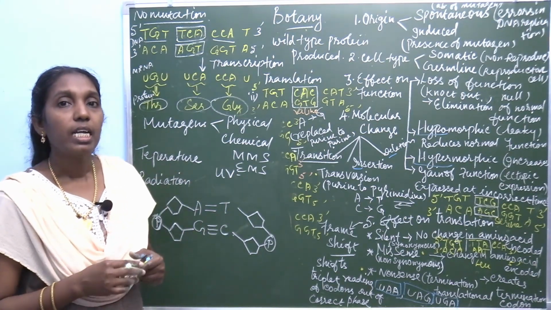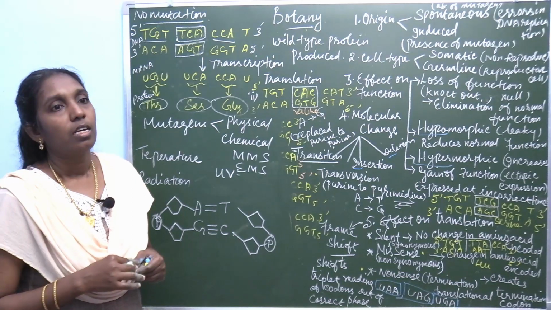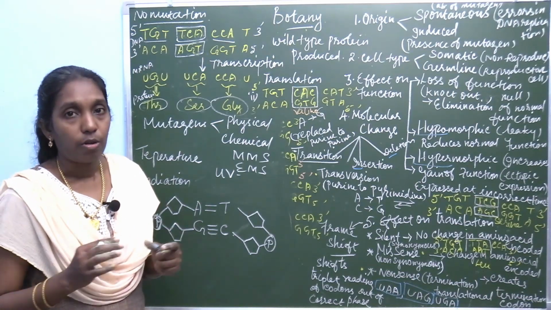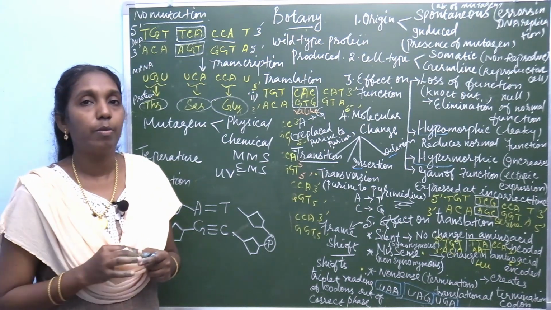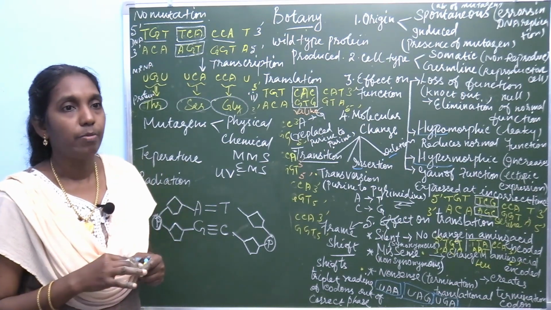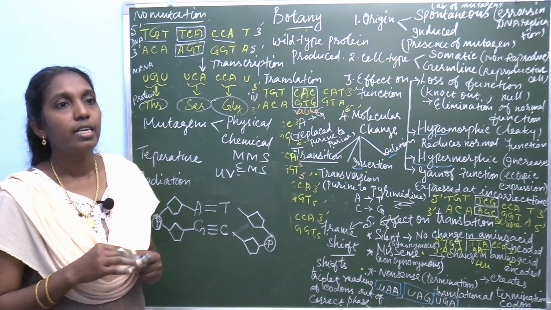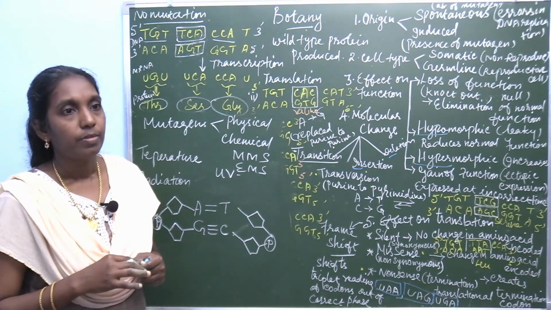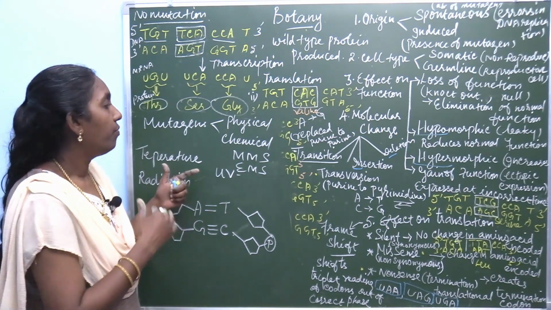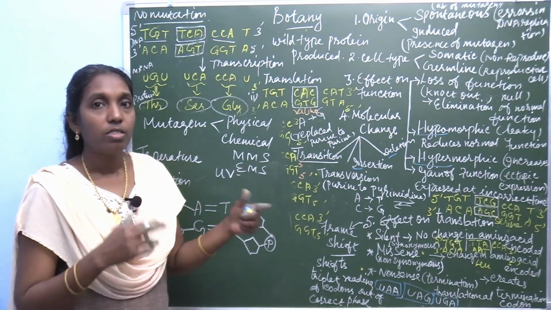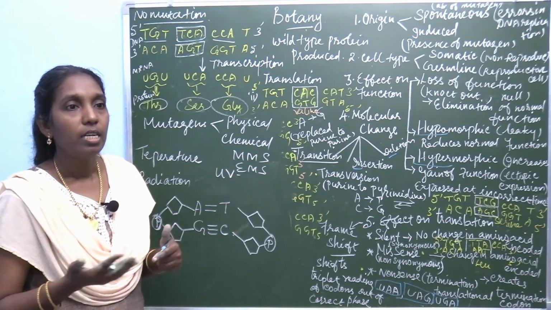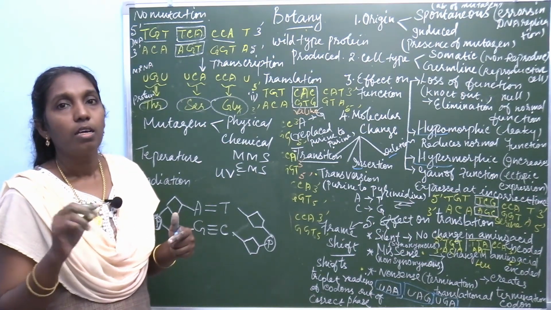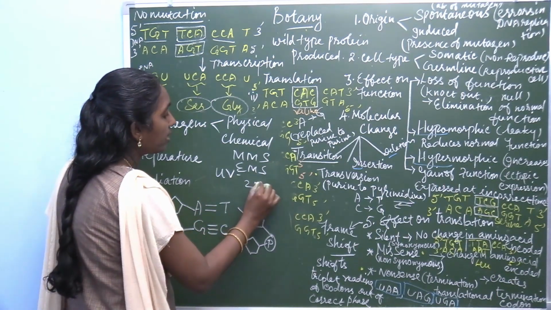Another example is castor Aruna. By seed treatment with thermal neutrons to induce early maturity, castor Aruna matures within 120 days instead of 270 days.